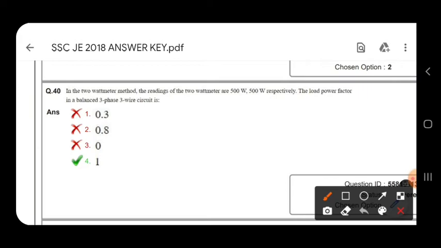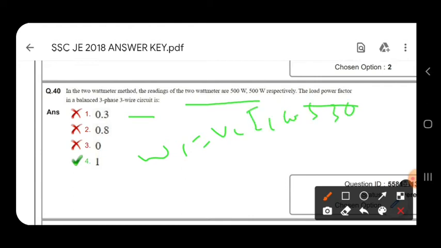In the 2 wattmeter method, the readings of the 2 wattmeters are 500 and 500 respectively. What is the load power factor in a balanced 3-phase 3-wire circuit? The formula is W1 equals VL IL cos(30 minus phi), and the second wattmeter is W2 equals VL IL cos(30 plus phi).